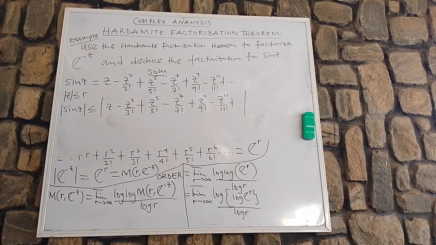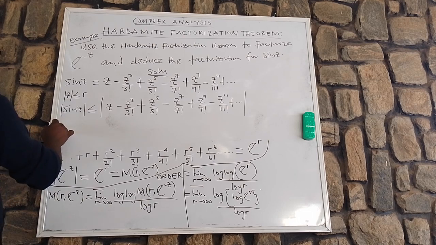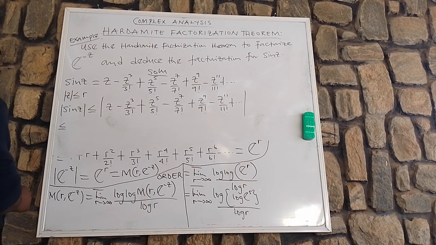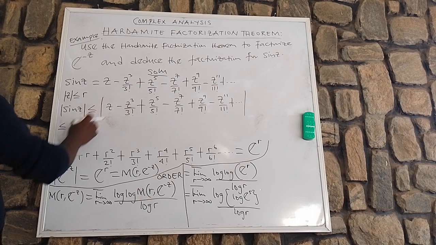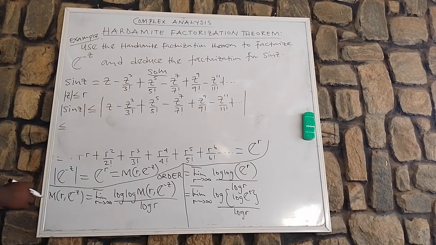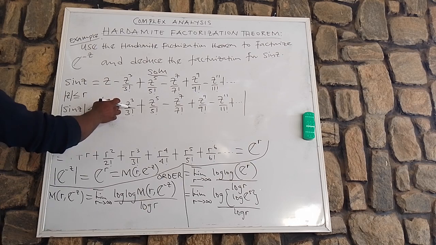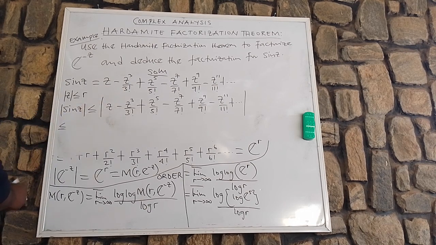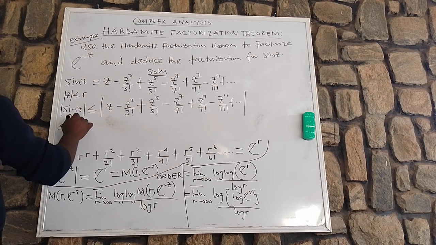So if you agree with me, this is equal to, if we take the mod of Z and the mod of Z raised to the power 3, mind you, here it will now be positive. So here we are going to have mod Z instead of minus because of the modulus.